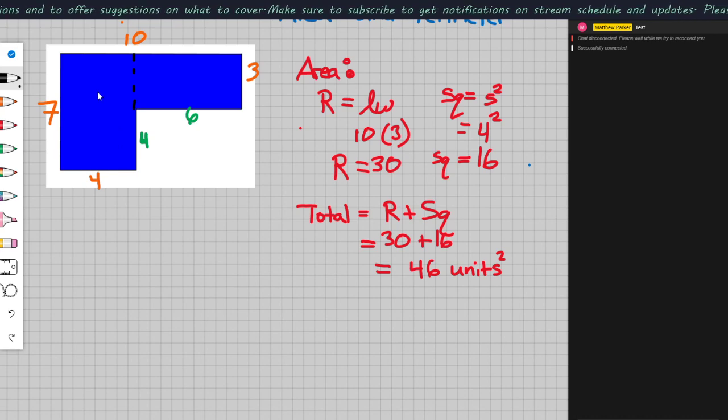So now that I've cut it, we got a rectangle. Alright, so we have two rectangles, so I'll write it over here.